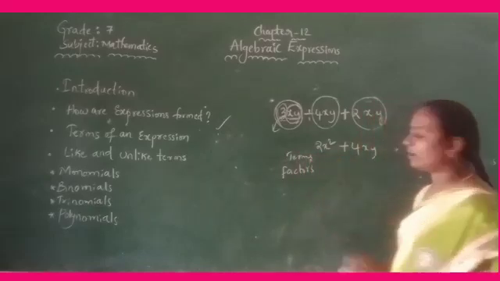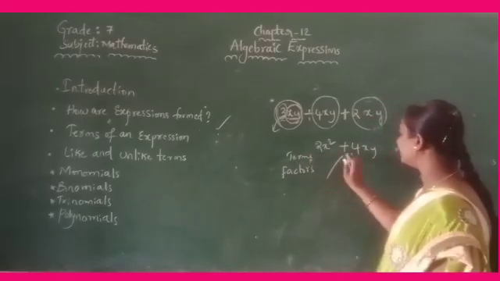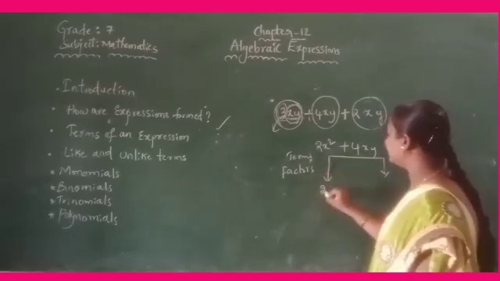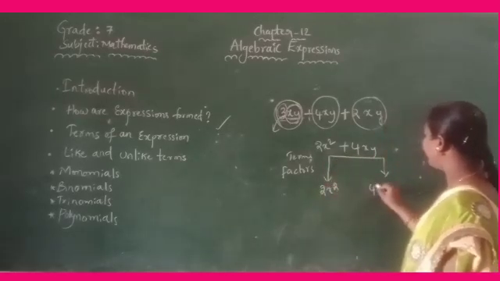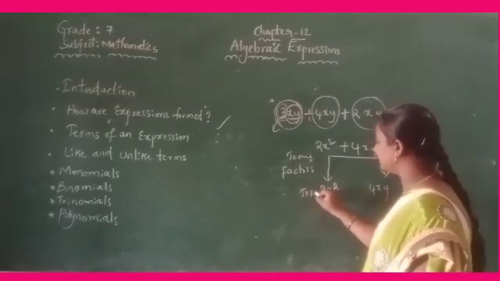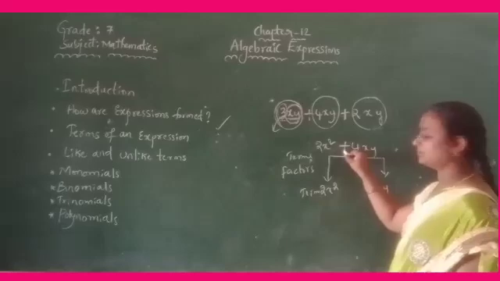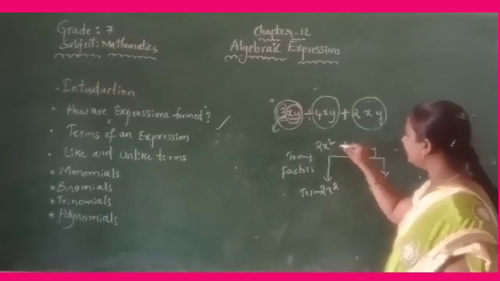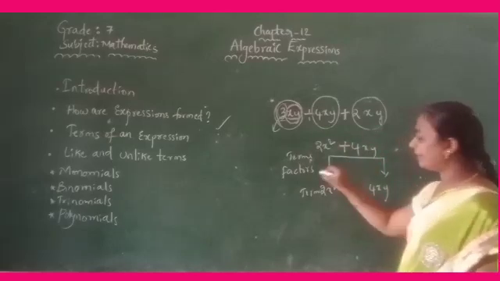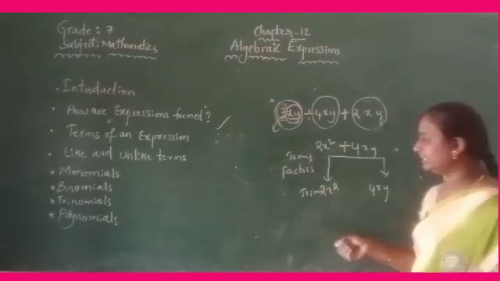First, tell me what are the terms in this expression? Two terms: first 2x square and 4xy. A term is something that is being added together, while factors are multiplied together.